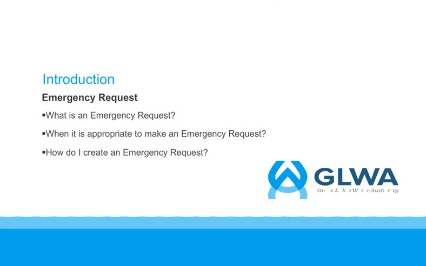In this presentation, you will be introduced to what an emergency request is. You will be informed of when it is appropriate to make an emergency request. You will also be guided on how to successfully execute an emergency request. We hope this information supports your knowledge to successfully and efficiently complete an emergency procurement request here at Great Lakes Water Authority.